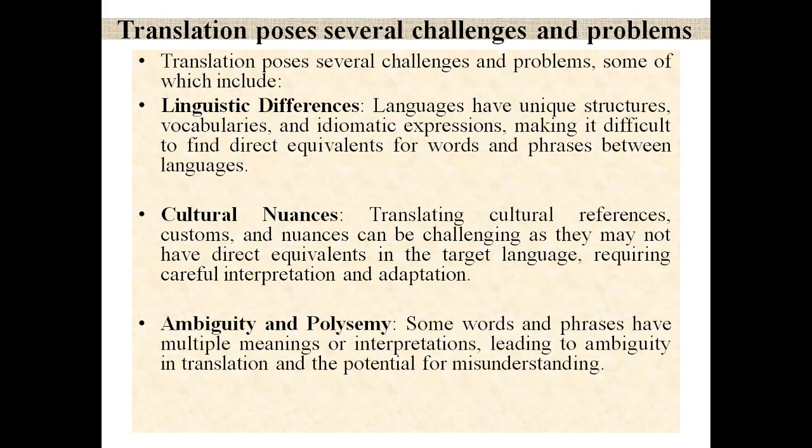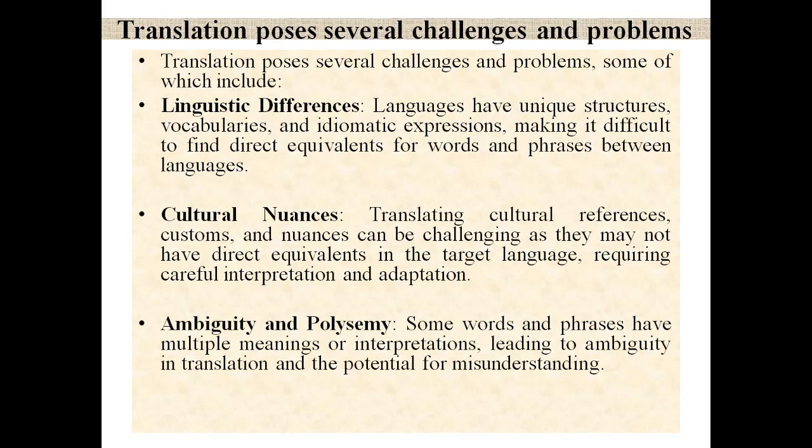So the third thing is ambiguity and polysemy. Ambiguity means there may be some words and phrases which have multiple meanings, more than one meaning, and interpretations, right, which may lead to ambiguity in translation, right. And they may be misunderstood.